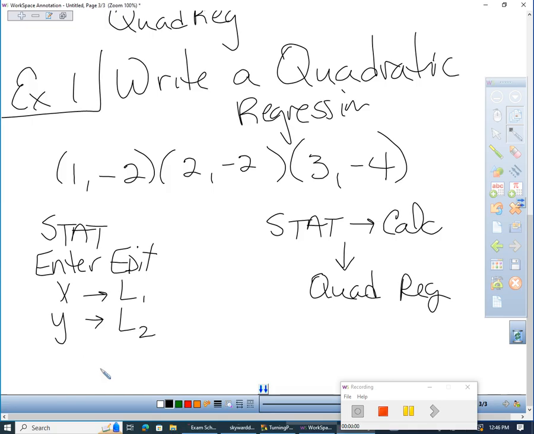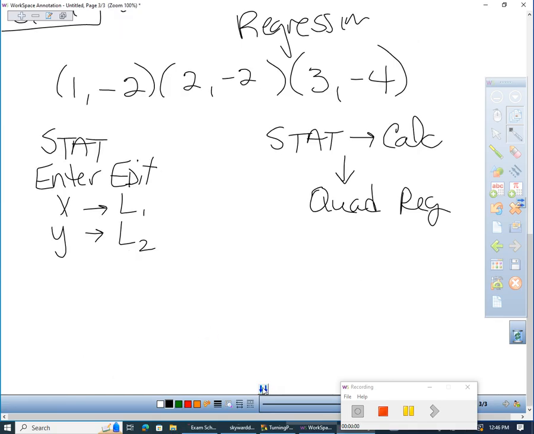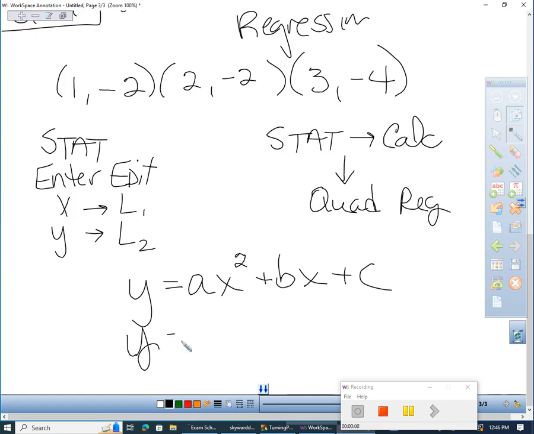A, B, and C. It tells you right above that we have y equals ax squared plus bx plus c. You are going to plug your a, b, and c values in there. So we have y equals negative 1x squared plus 3x minus 4.